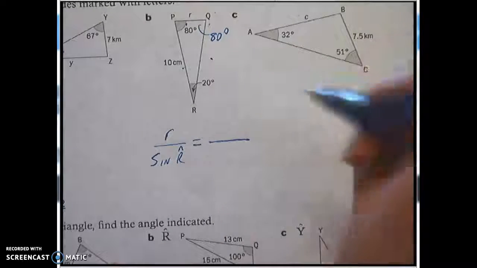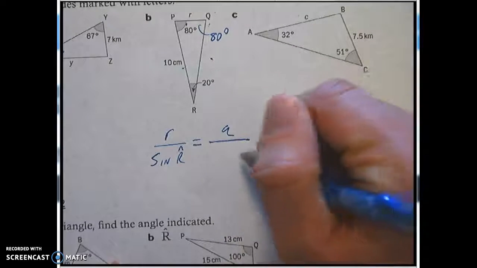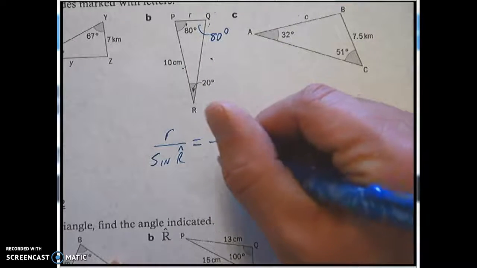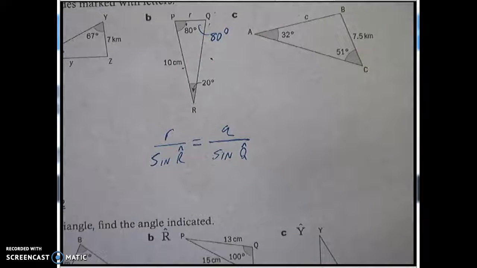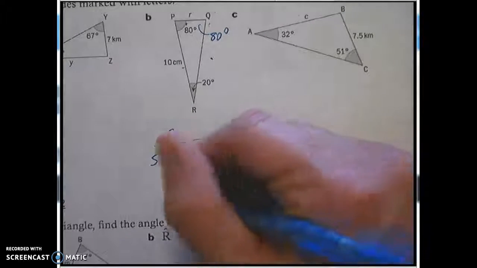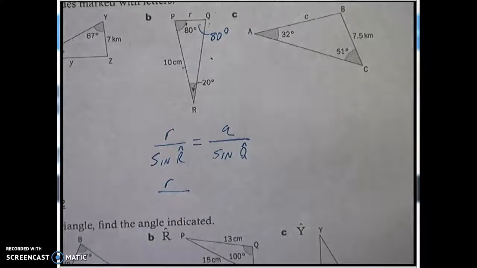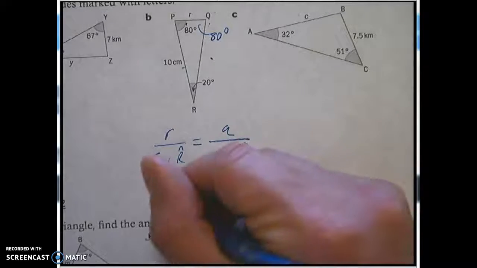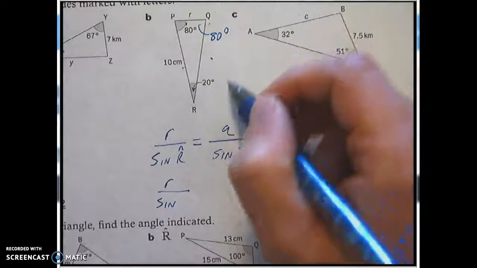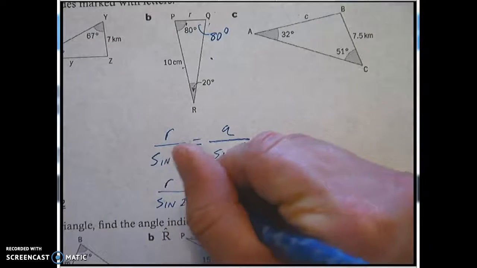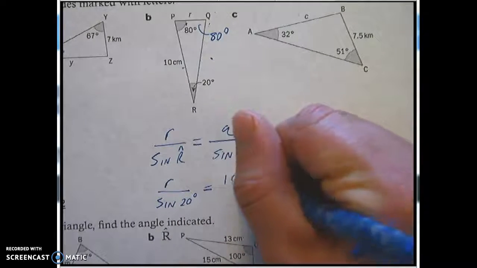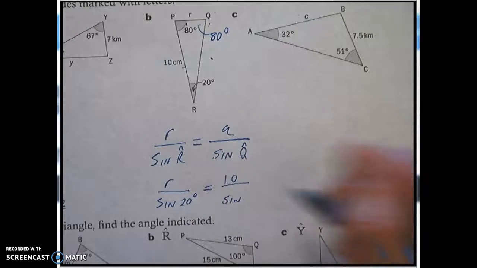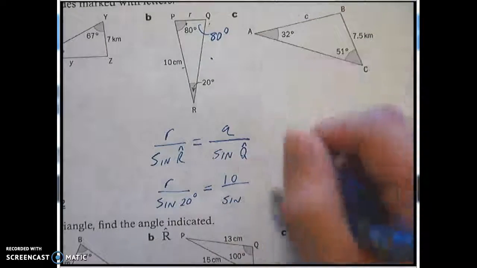So now we've got side Q and sine of angle Q. When I plug in what I know, I get lowercase r over sine of angle R, which is 20 degrees, equals lowercase q, which is 10, over sine of capital Q, which is 80 degrees.